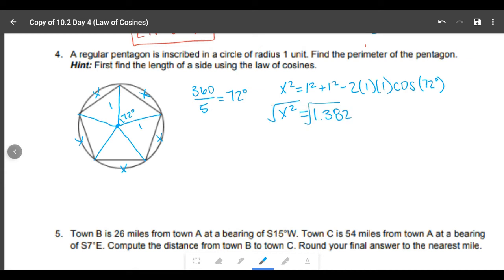And so 1x should be approximately 1.18 units. But remember, we're finding the perimeter, so I need to take 5 of those. And our perimeter should be about 5.9 units.